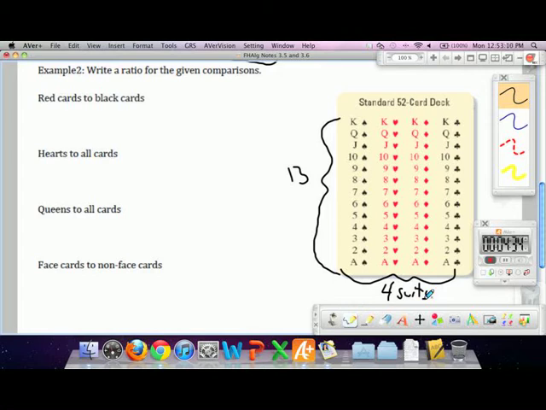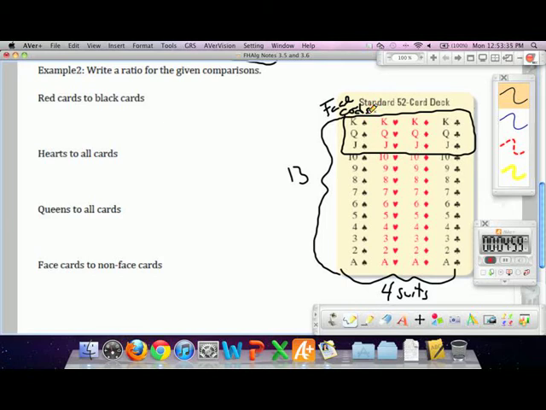Face cards are kings, queens, and jacks. If you look at a deck of cards, they have pictures on them, as opposed to just numbers. So kings, queens, and jacks are called face cards. Just some background information if you weren't familiar. If you already knew that, awesome. If you didn't, then here's some background knowledge.